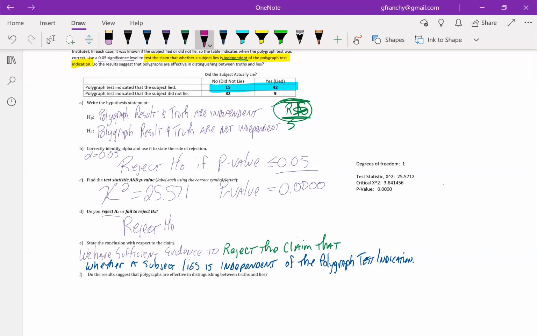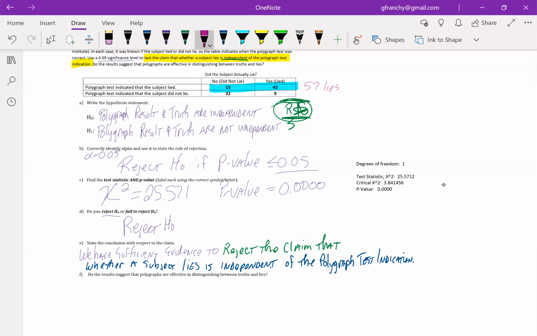here we had 57 lies, and it identified 42 of them, but it missed 15 of them. And in terms of if they did not lie, if they told the truth, it also picked up on that in the majority of the cases, but not all.